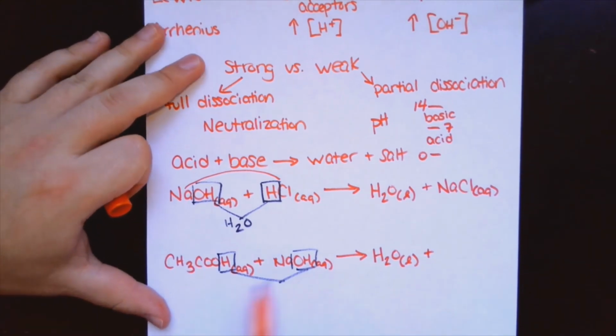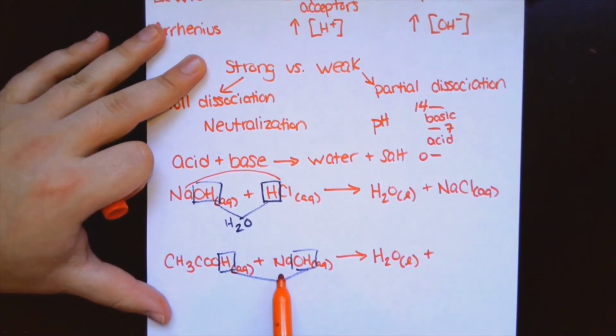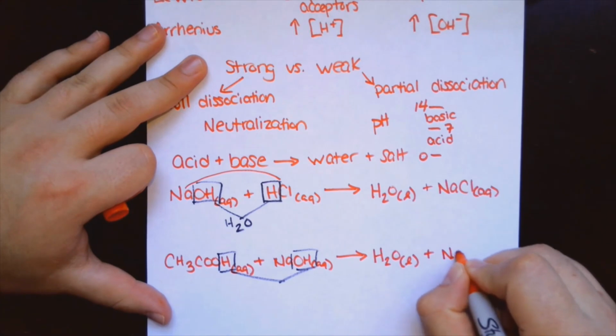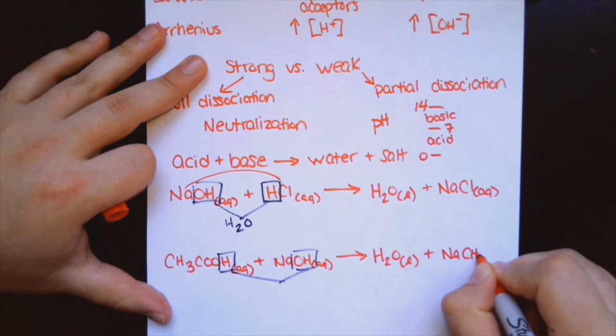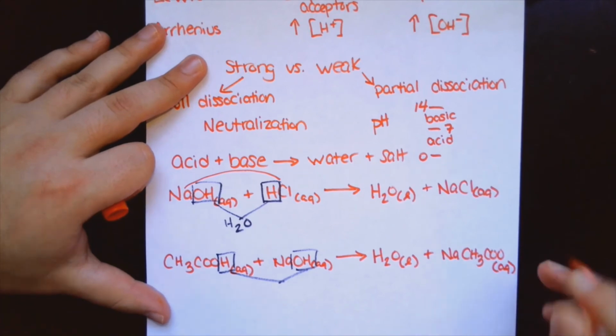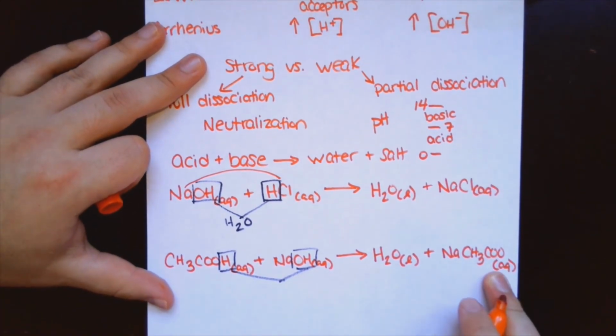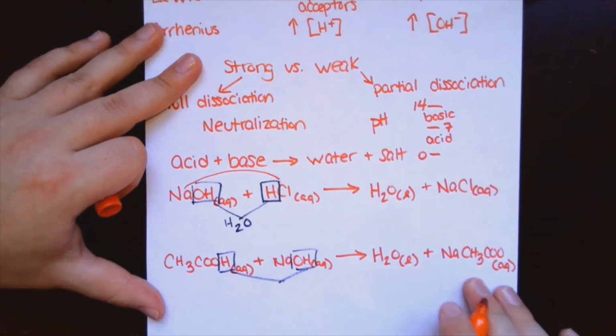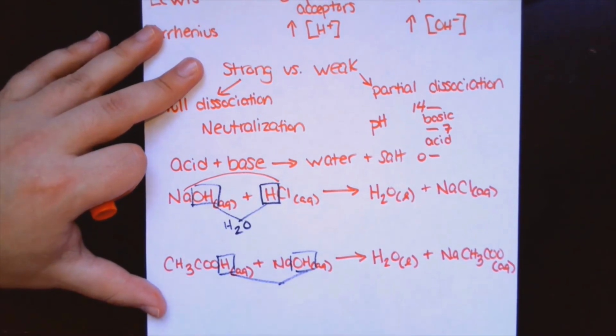Remember, you just pair the remaining ions together as your salt, and you always put the positive ion first. So Na, CH3COO. That's called sodium acetate, and that is your salt. And this is the neutralization reaction for acetic acid and sodium hydroxide.